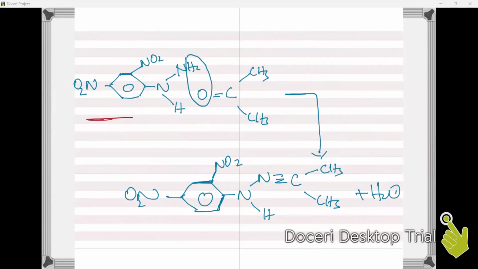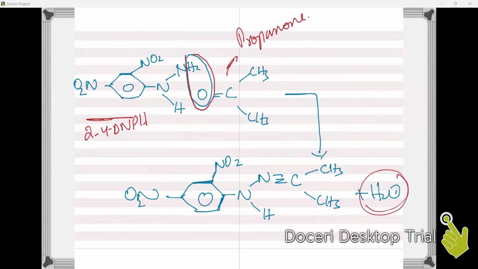We have taken 2,4-DNPH, and this one is propanone. So H2 from 2,4-DNPH and O will be eliminated as H2O.